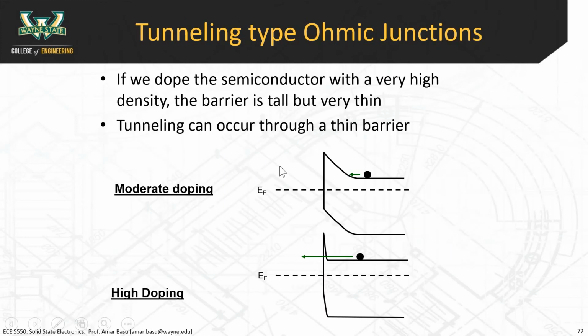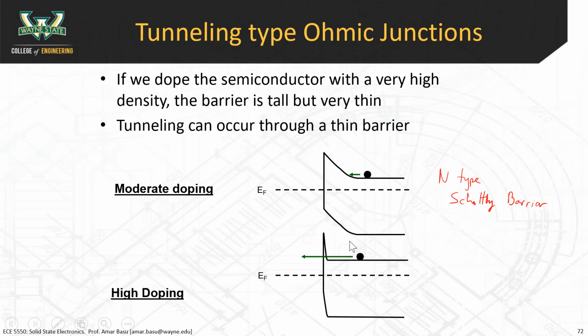The final thing I'd like to talk about here is the tunneling type ohmic contacts. This is what an N-type Schottky barrier looks like. You already saw this a few slides earlier. This barrier height prevented the electrons from diffusing over to that side.